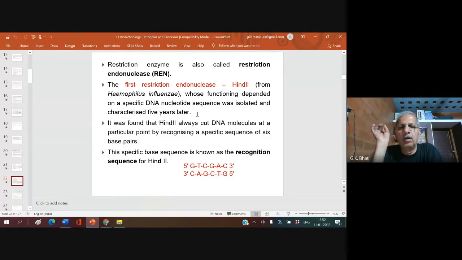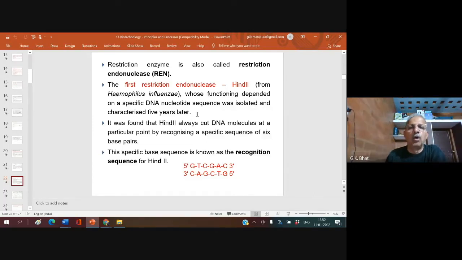The first restriction endonuclease is called HindII. It is obtained from which organism? HindII was isolated from Haemophilus influenzae.